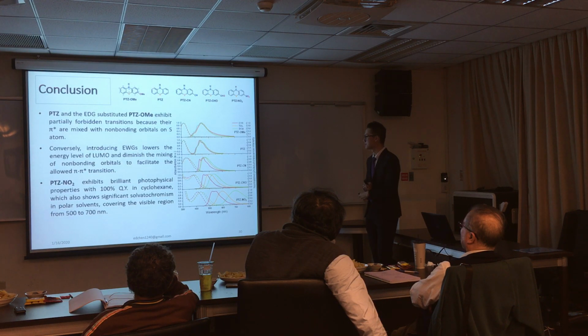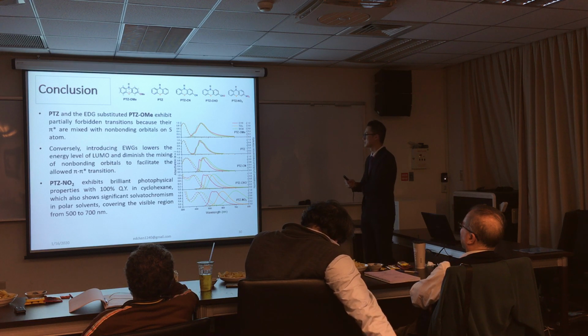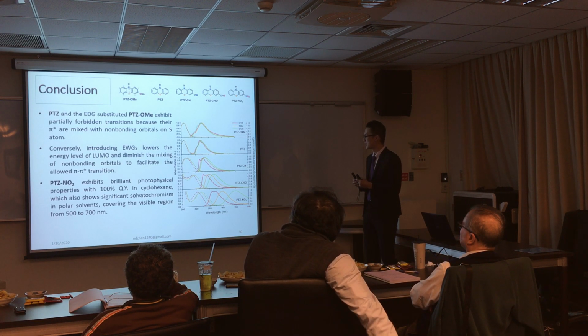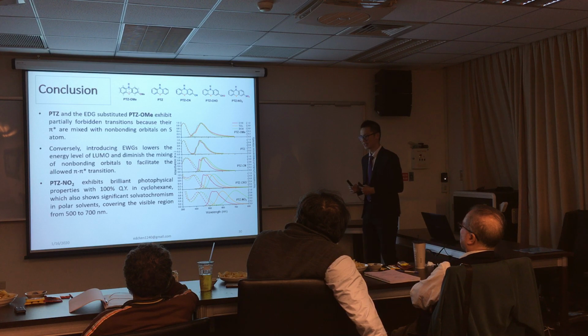Okay, here is my conclusion. We found an explanation for why PTZ and PZ with electron donating groups have a very low quantum yield. It is because their transition is partially forbidden, since their pi anti-bonding orbital is mixed with the non-bonding orbital of the heteroatoms.